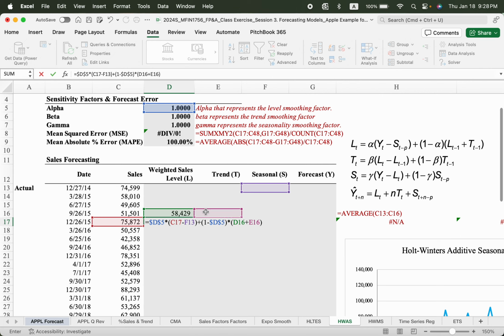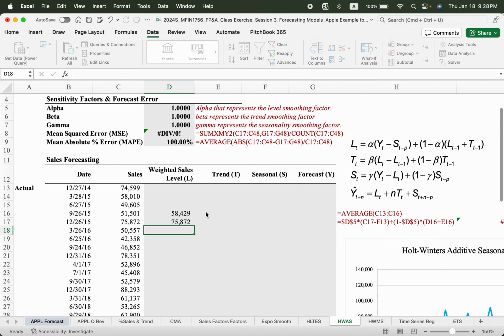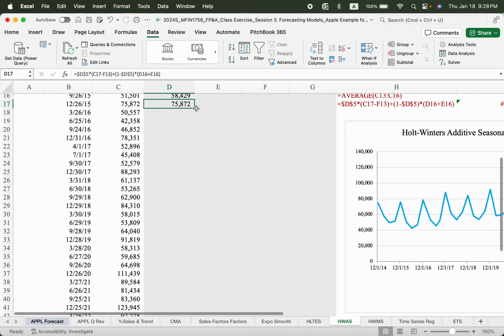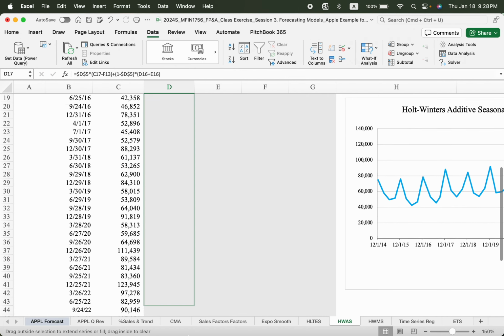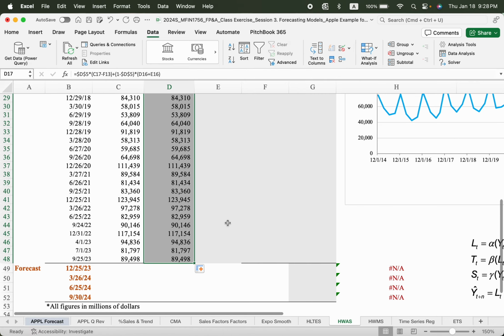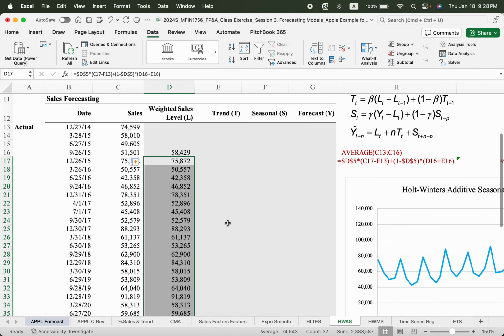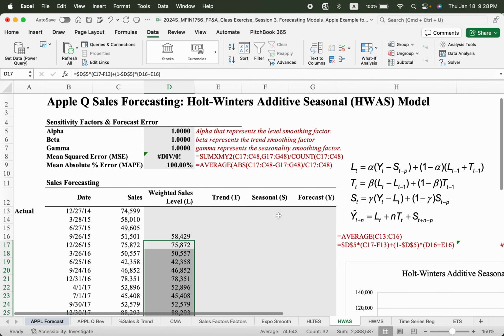So let's check before dragging down. Okay, so let's drag it down to the bottom. Now we have those weighted sales levels considering alpha, the level smoothing factor.